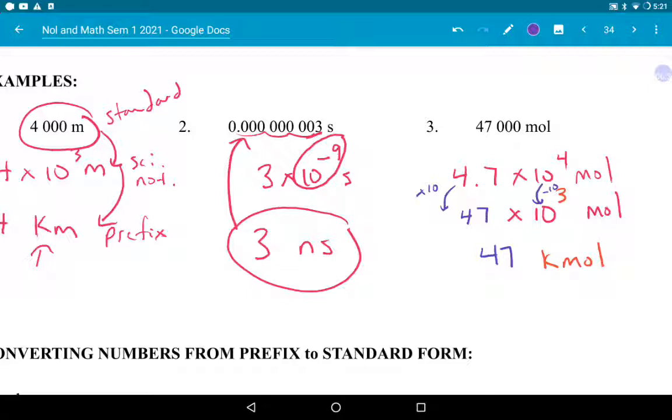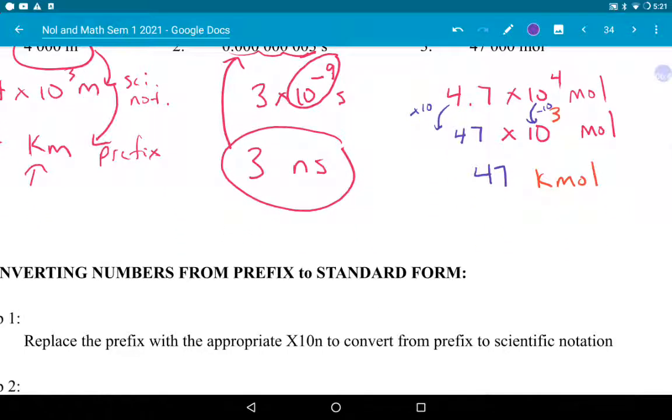Now let's say instead I want to go from 4.7 times 10 to the 4 moles to megamoles. So 10 to the 6 is mega. What I've done here is I've multiplied by 10 by 10, I've multiplied by 100.